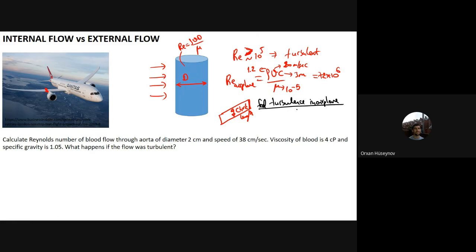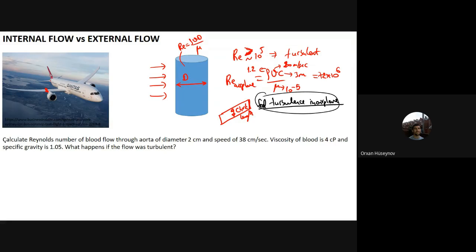When the airplane is in turbulence, you can feel the instability. It becomes unstable, and if it lasts longer, it can destroy the airplane. It can be unstable and dive into the ground. But they are always trying to keep the flow laminar over the airplane to keep it stable.